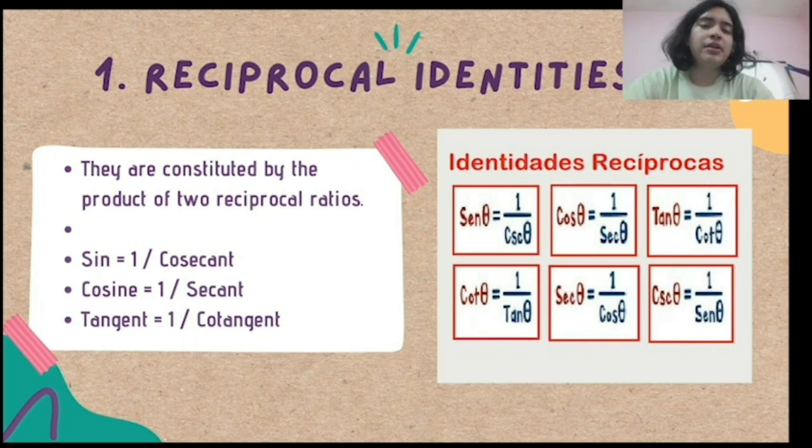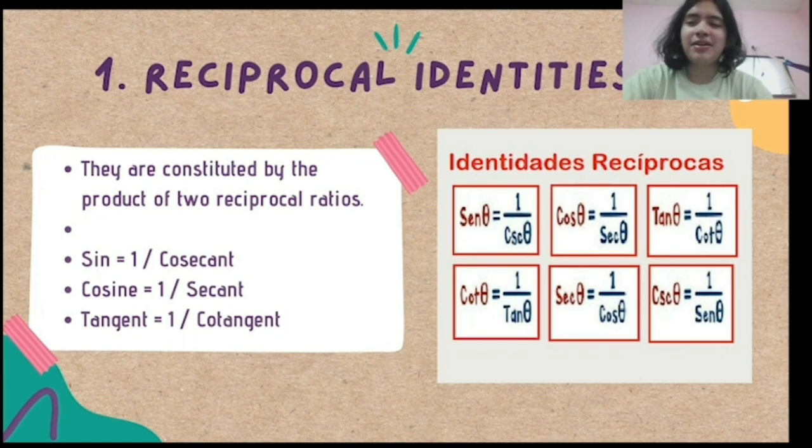Well, let me explain a little bit more about the reciprocal identities. They are constituted by the product of two reciprocal ratios. For example, you know that in the triangle we have sine, cosine, and tangent. So the reciprocal of them, for example, sine is 1 in cosecant. The second is cosine, we have 1 in secant.